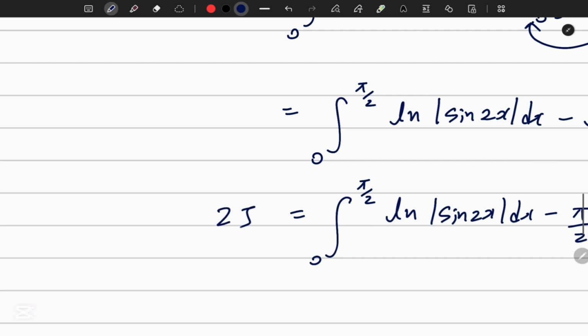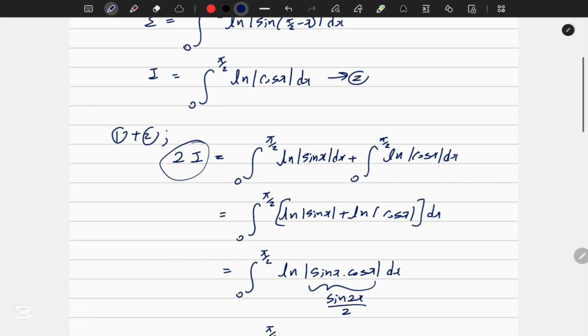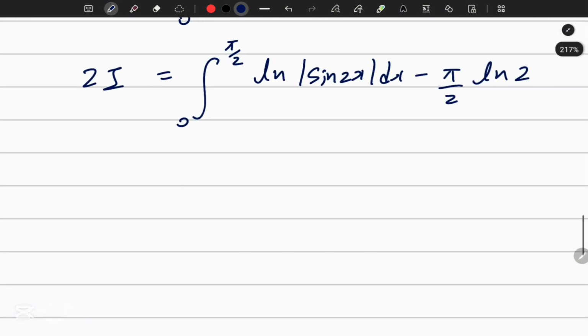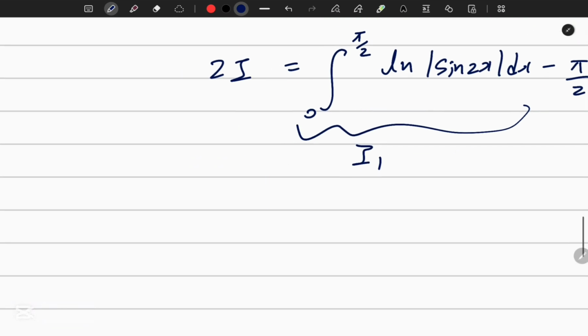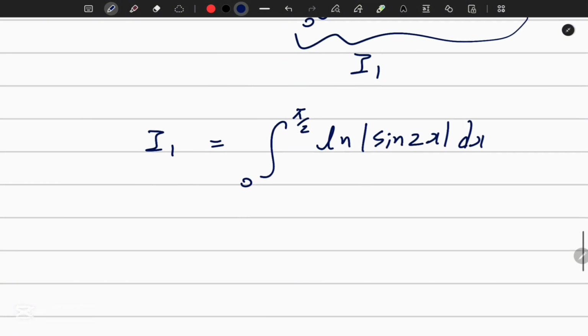This is 2I; in the previous step we added them, so 2I equals this. Let's take this as I1, so I1 equals the integral from 0 to π/2 of ln sin 2x dx.